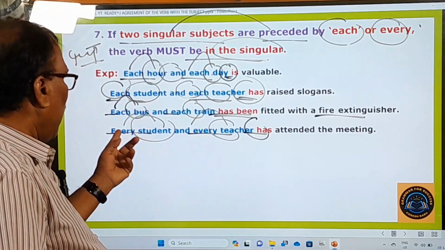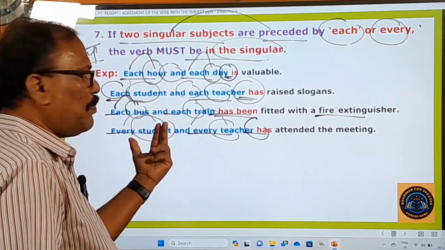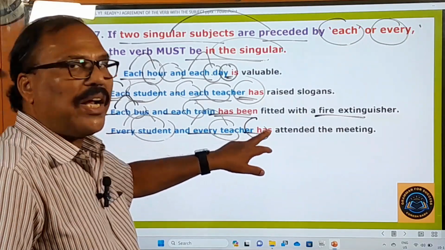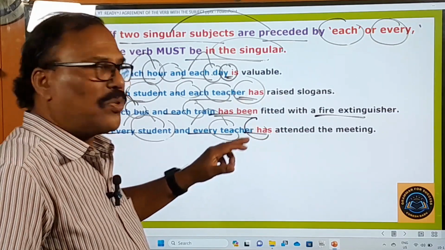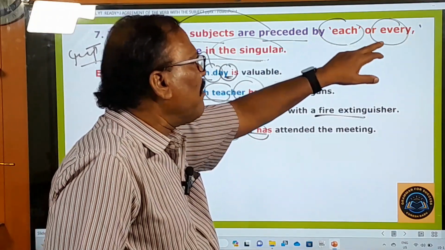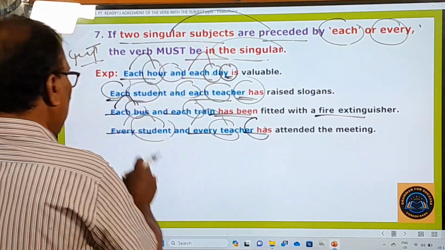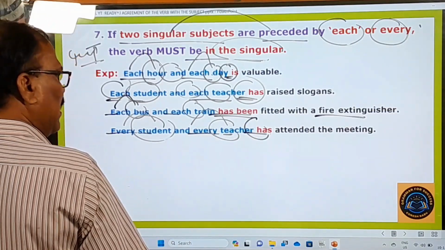When you see every student and every teacher, you think, oh, student and teacher, two persons are there, therefore this is a plural subject, and therefore you try to use a plural verb or plural helping verb after that. But it is not so, because remember, whenever they are preceded by each or every, the verb must be in the singular. Please keep this rule in your mind, and that's why singular subjects are there. So, has attended the meeting.